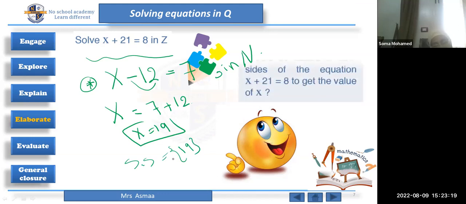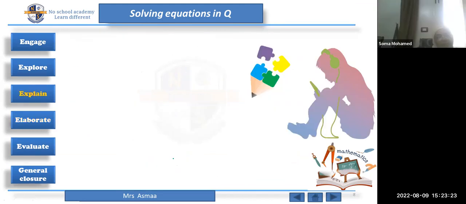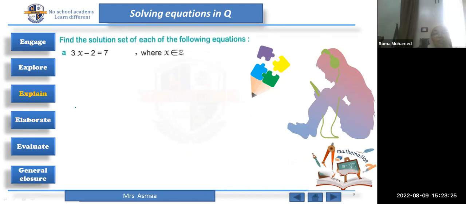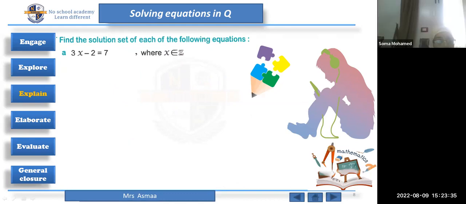Okay, let's make it a little harder. What shall I do? You have 5 minutes to answer, and send your answer in the chat box. If you don't know, I will answer together with you. You have 5 minutes to answer alone.